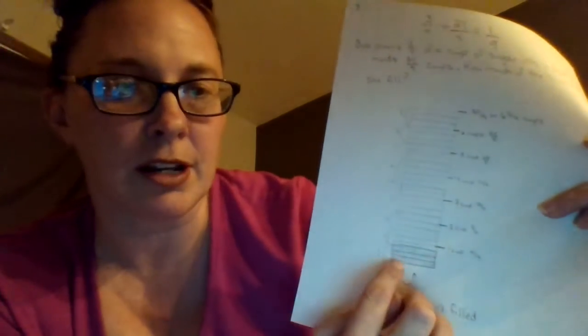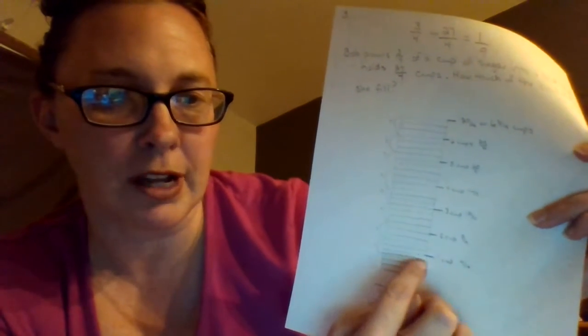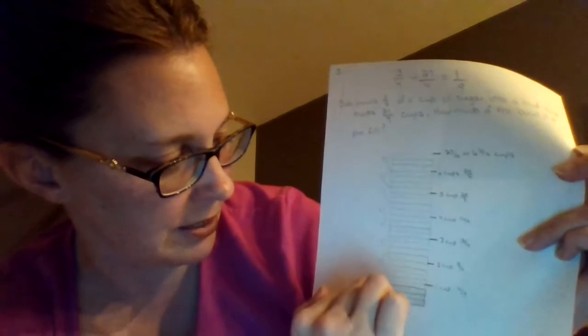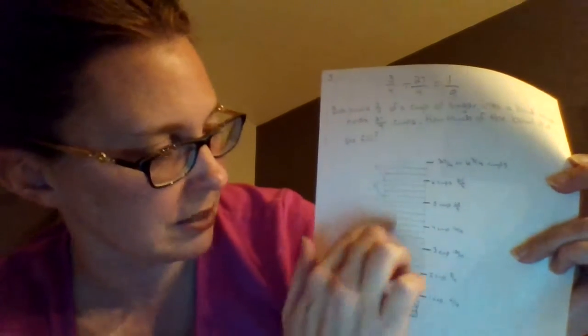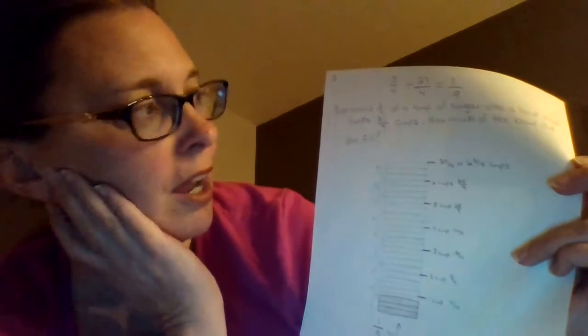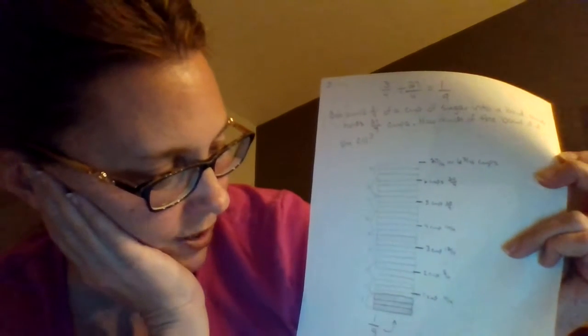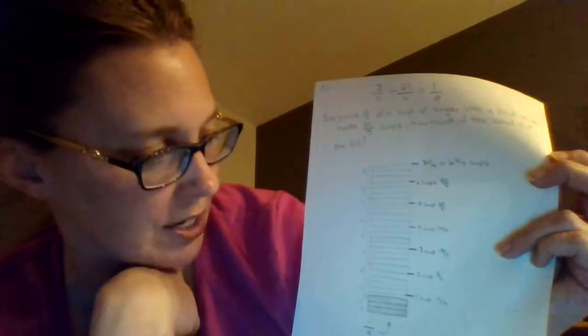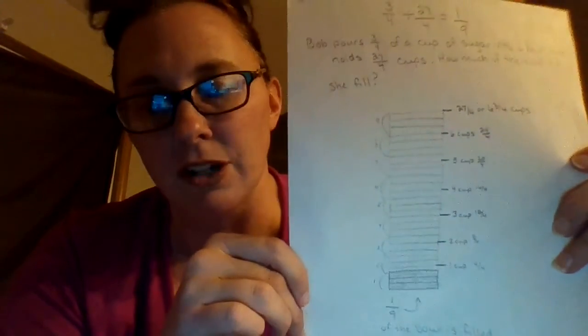Now once I shaded 3/4 of 1 cup, which is what is up here, I saw how many times I can do that to use up the total amount, and it came out to 1/9. So 1/9 of the bowl is actually filled with the sugar.